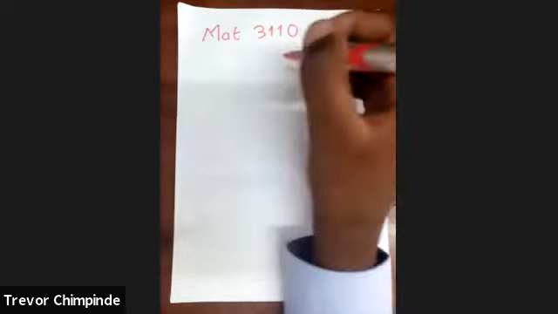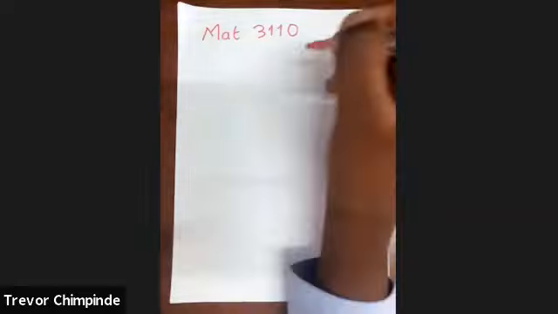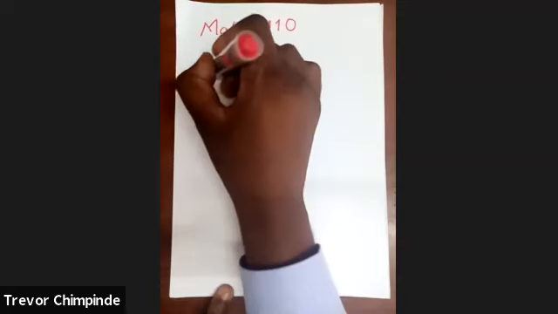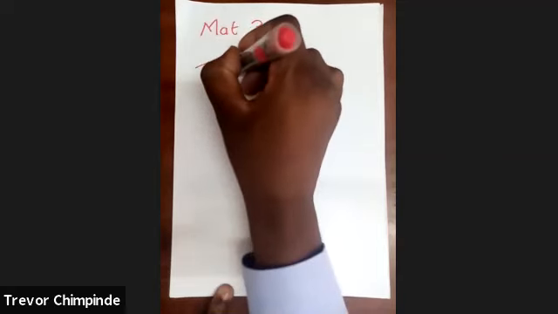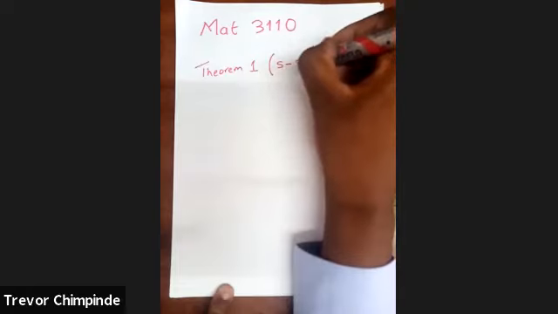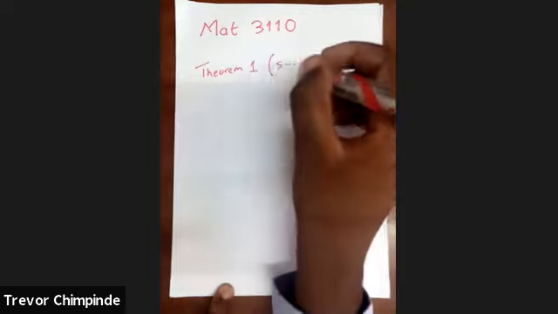So yesterday we looked at two theorems, which we use to find these Laplace transforms. So we had theorem 1, which we called the first shifting theorem, or if you want, the S shifting theorem, because there's a shift in the S variable. So what does this theorem state?